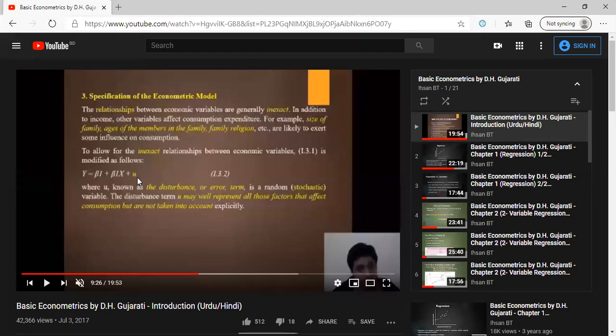If it's a normal, if it's a t, it can be from minus infinity to plus infinity, depending on whether the person is spending more than what the exact relationship is telling you. If she spends more, then you add. If she spends less, then you subtract. That is the inexact part.